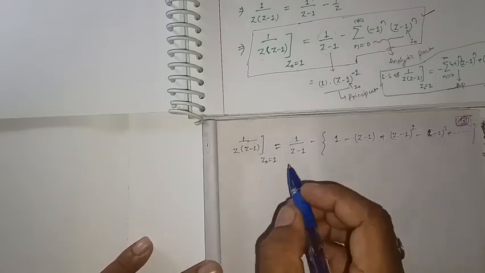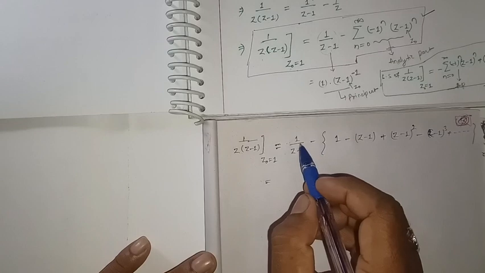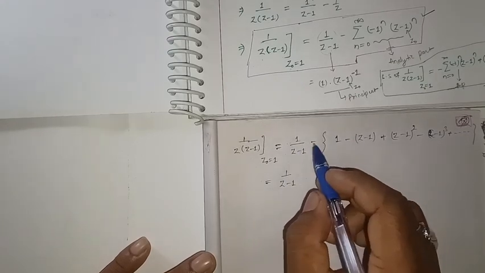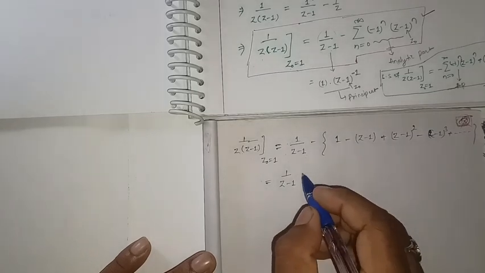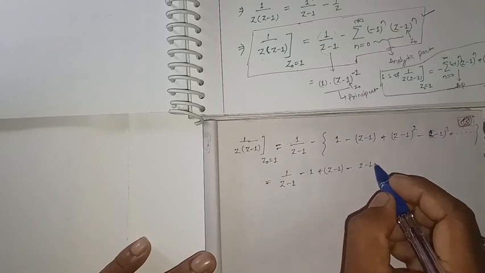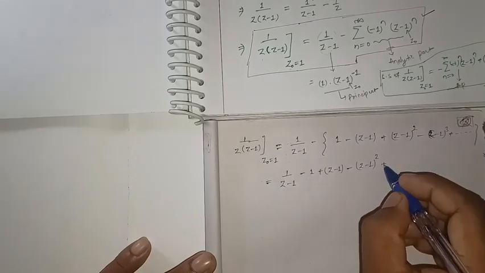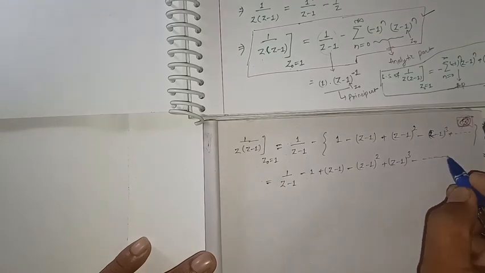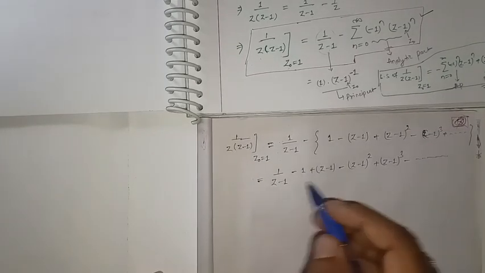Here you just multiply 1 by z minus 1 with each term. This will be minus 1 plus z minus 1 minus z minus 1 whole square plus z minus 1 whole cube, then minus and so on. So this will be the series.